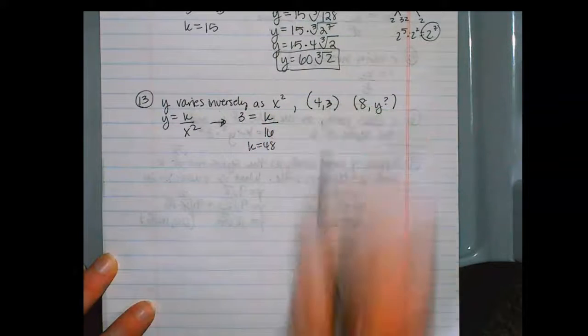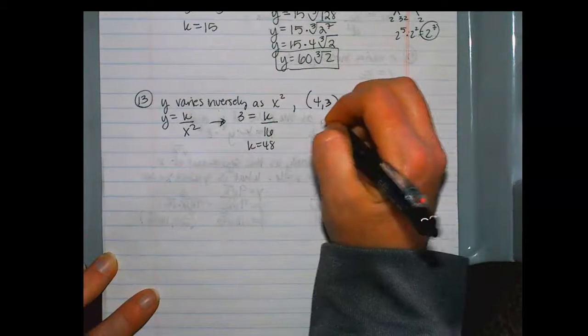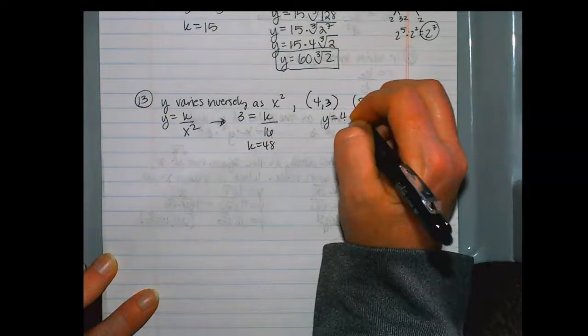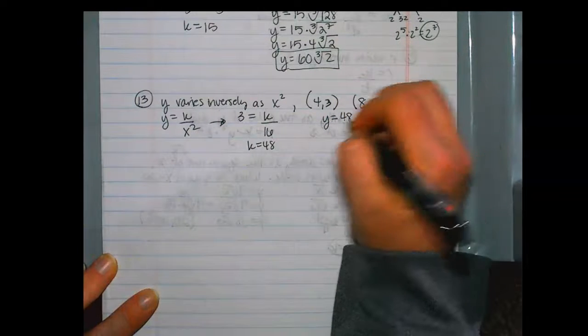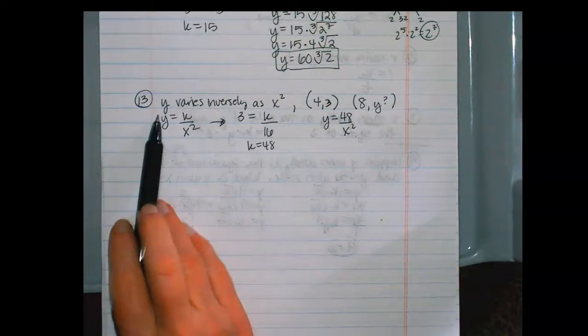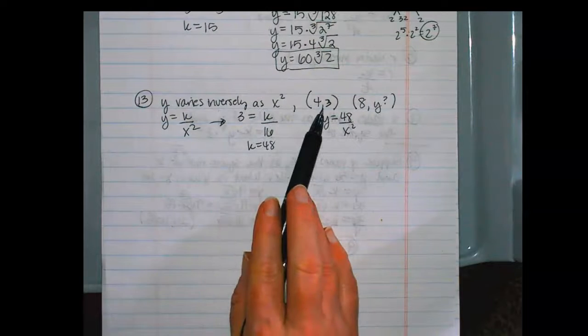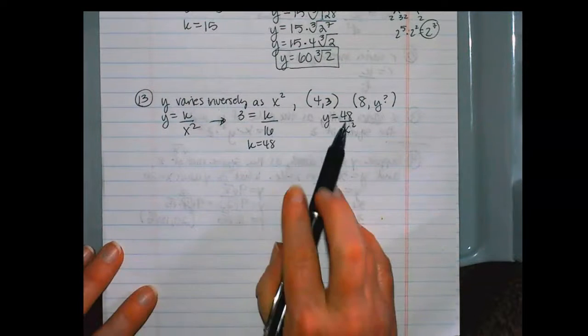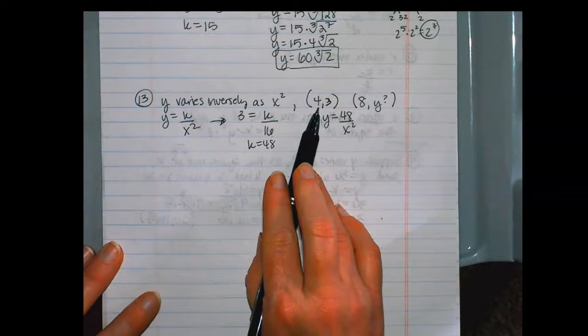That means that k equals 48. So my equation for this circumstance, this y equals 48 over x squared, represents all of the ways that y varies inversely as x squared, with this being a point in that. So I have the right constant of variation between these two values.